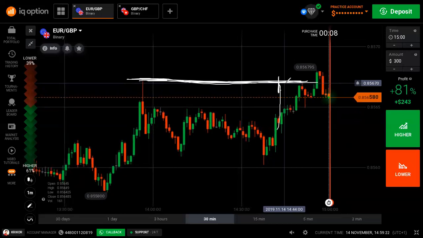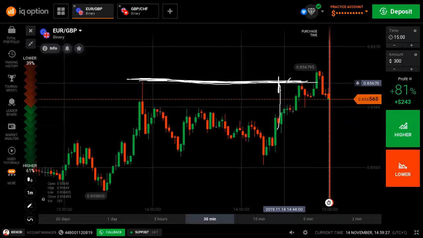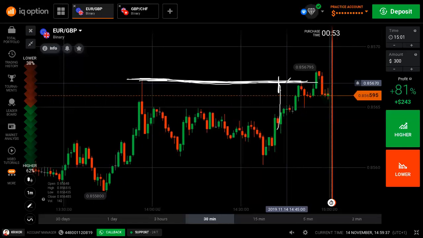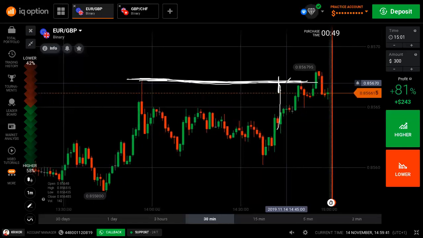When a candle touches it, the next thing is: don't trade just because the candle has touched an SNR area. That's the mistake many of you make. The moment a candle has touched SNR area, you think the market is going to reverse immediately. No, market doesn't reverse immediately like that. So you must protect yourself.